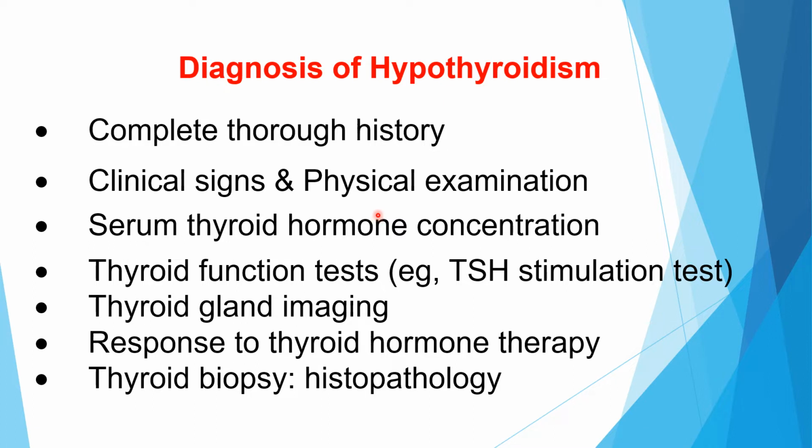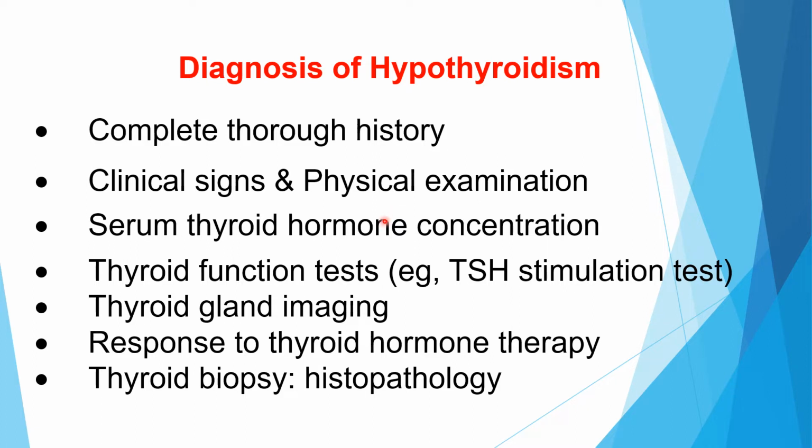We have already seen the classical clinical signs, and two classical sign groups are important. One is the clinical signs due to decreased metabolic rate, and another group is the clinical signs of alteration in skin and coat. These two signs increase the suspicion of a case of hypothyroidism.